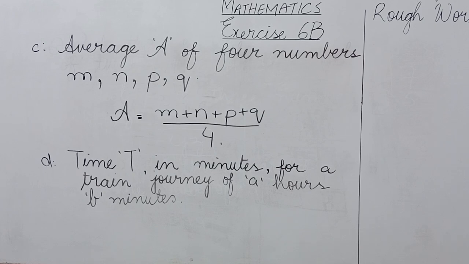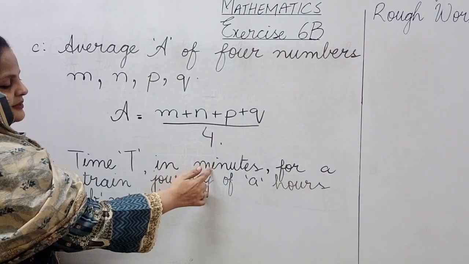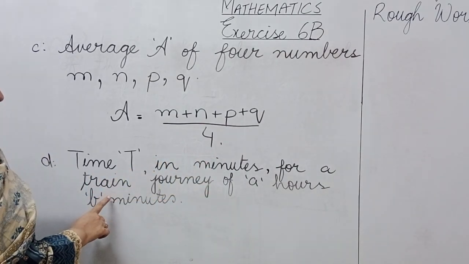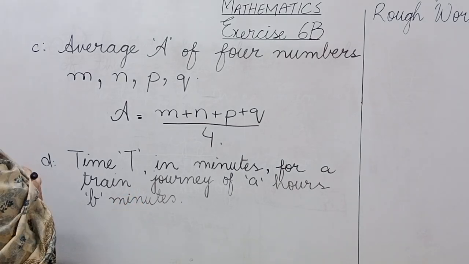So think about it. What can be the possible answer? We have to find the time T in minutes. A hours, B minutes.